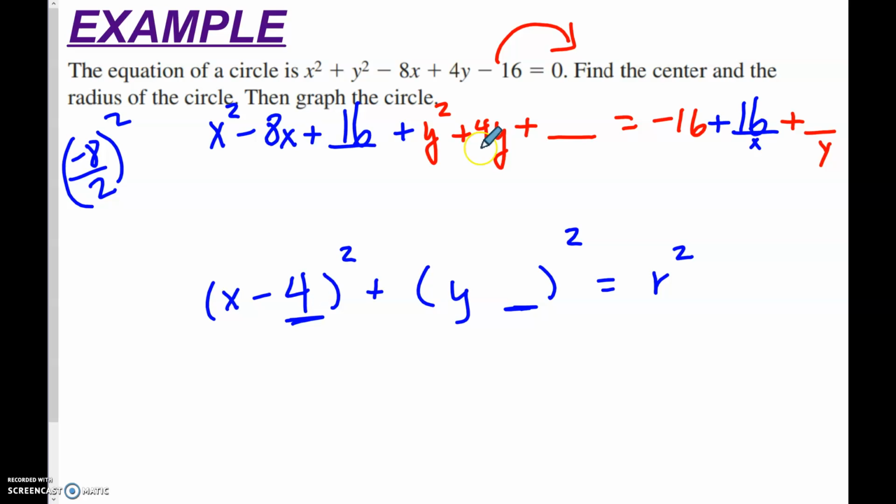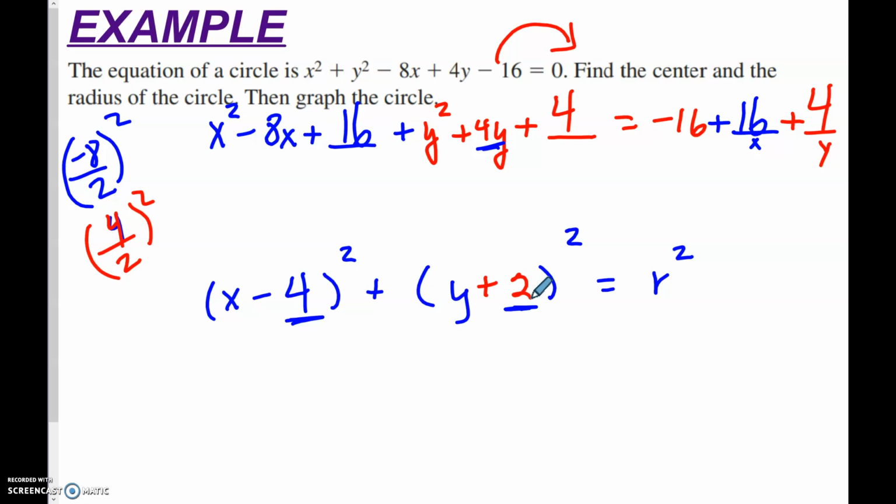Then I can go on the other side, and I'm going to look at this term in here, 4. And so half of 4 is 2. And 2 squared is 4. So I'm going to put in a 4 and put in a 4. Now I can write this as x plus 2 quantity squared.